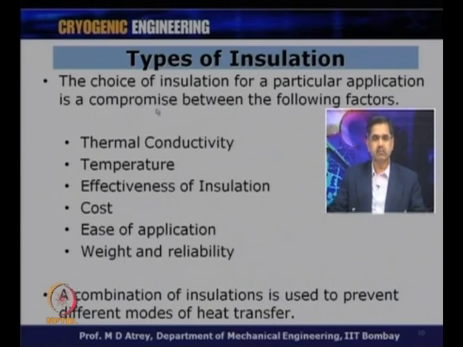All these are various factors which will enable us to decide. Depending on these parameters, we would decide ultimately whether I can use a particular insulation or I am to use a combination of insulation, so that the effectiveness of insulation is very high and the cost is minimum. So, all these are parameters which would decide how I will choose an insulation for a given application.